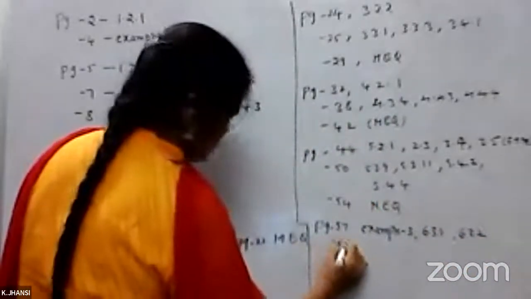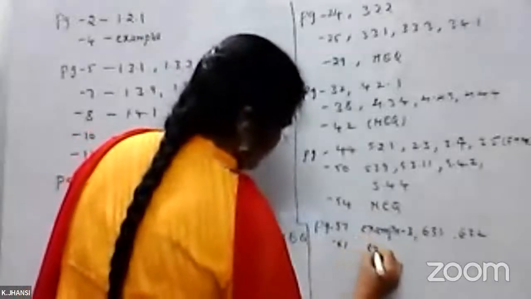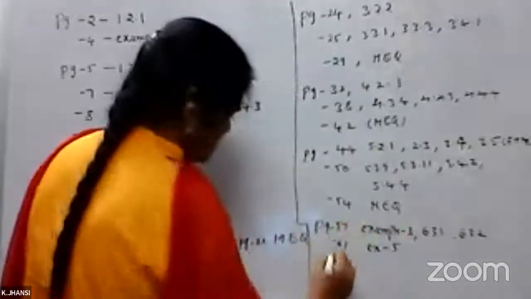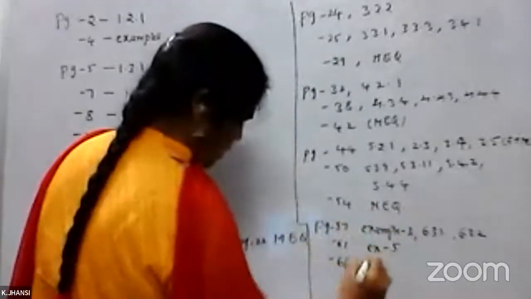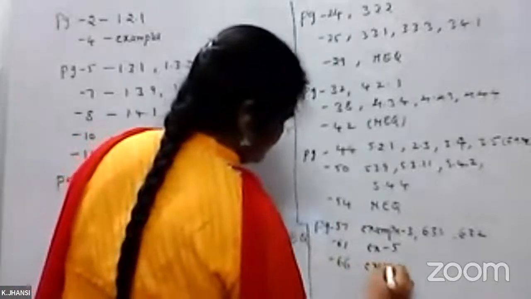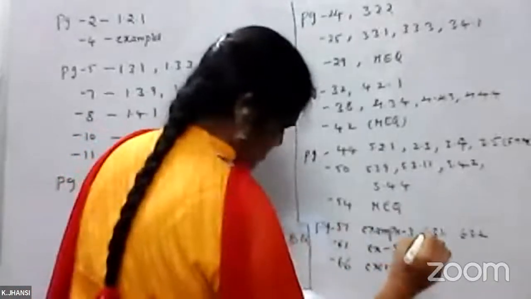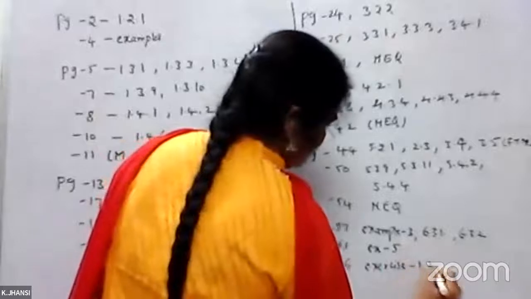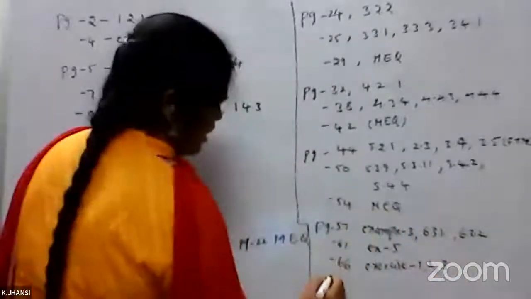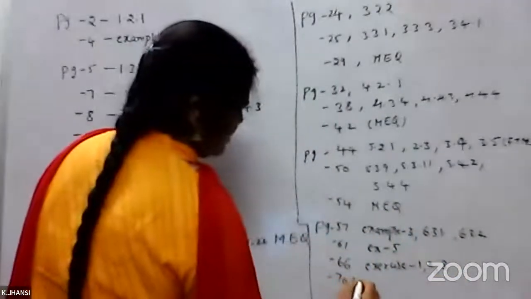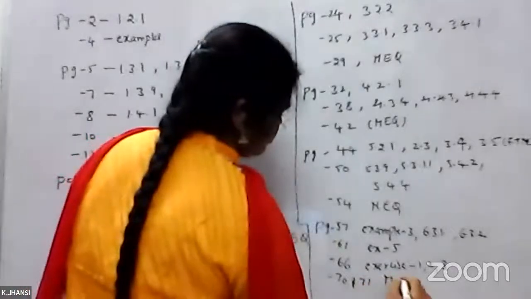Page number 61, example 5. And on 66, you have an exercise. 1, 2, 3. And on page numbers 70 and 71, you have MEQ questions.